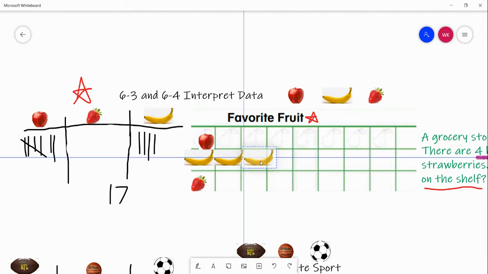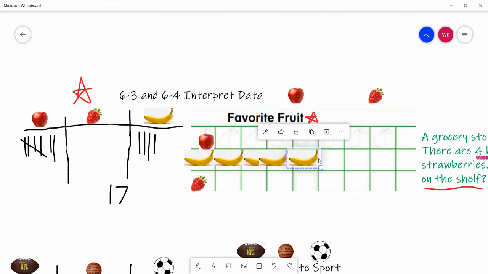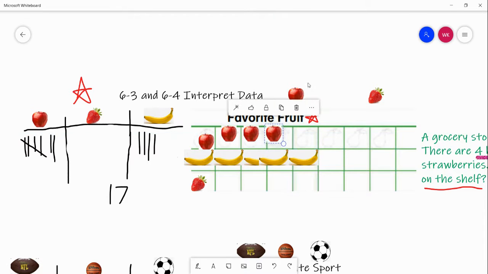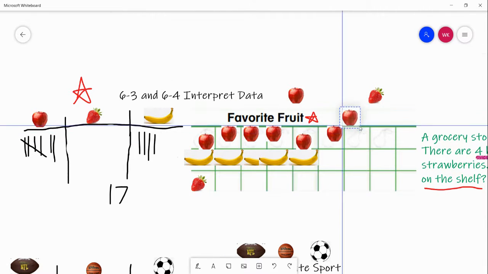So we have 1, 2, 3, 4 bananas, and then we have 7 apples. 1, 2, 3, 4, 5, 6, 7.